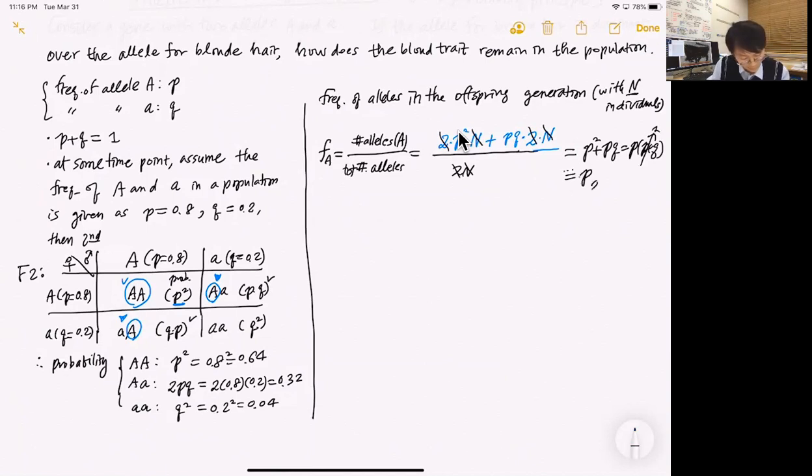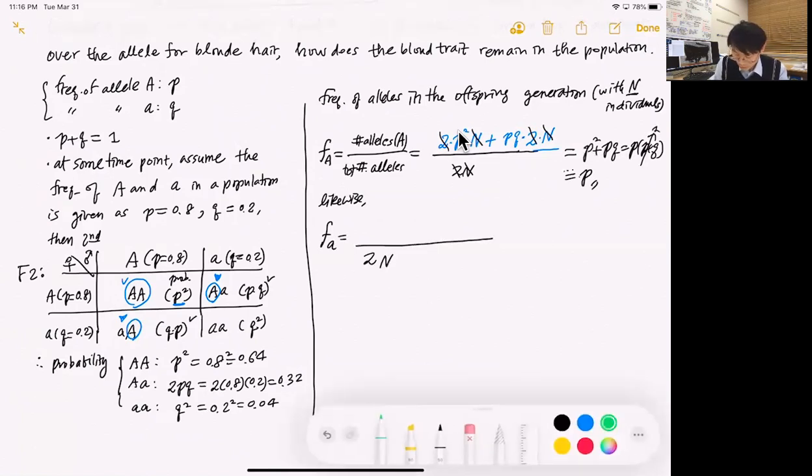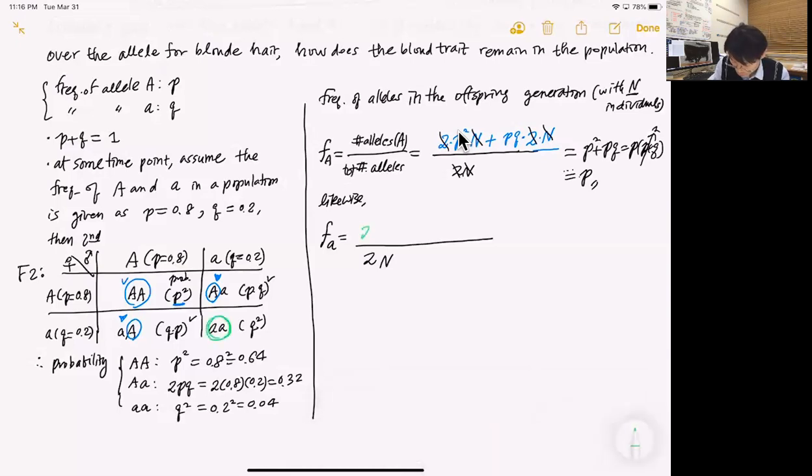Likewise, let's calculate the allelic frequency of small a: the total number of alleles of small a over the total 2n. For small a small a, there are 2 alleles with probability Q squared, and we multiply by the number of individuals n to have the actual number of alleles.